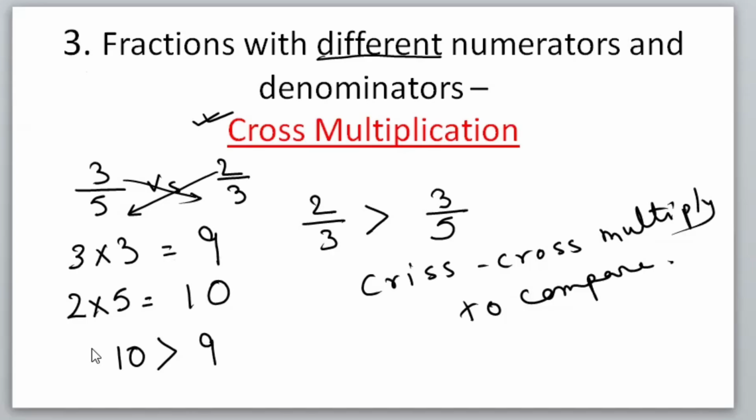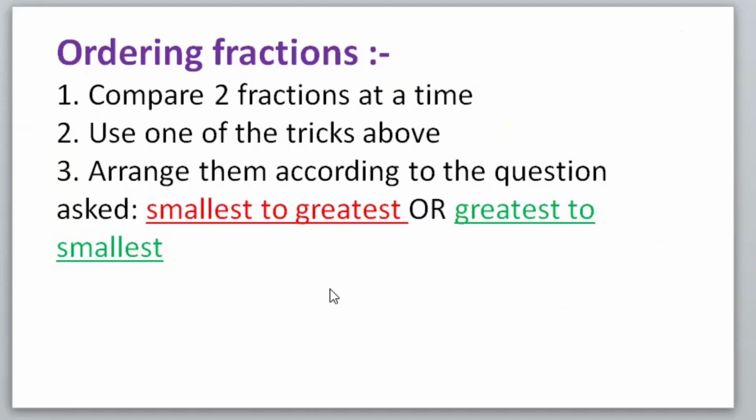Now we will take the ordering questions, how we can order the fractions from smallest to greatest and greatest to smallest. So when we are ordering the fractions, we have to first compare two fractions at a time. Okay.